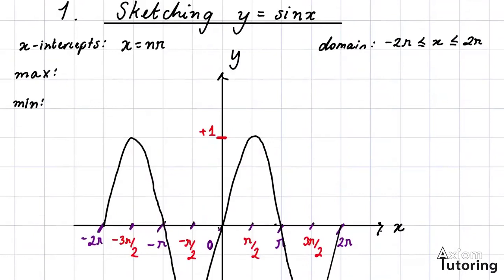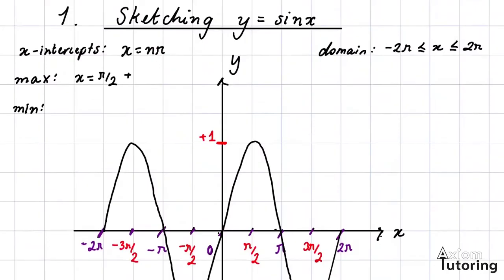The maximum points occur at x equals pi over 2 plus 2n pi, and the minimum points occur at x equals 3 pi over 2 plus 2n pi, where n is an integer value.